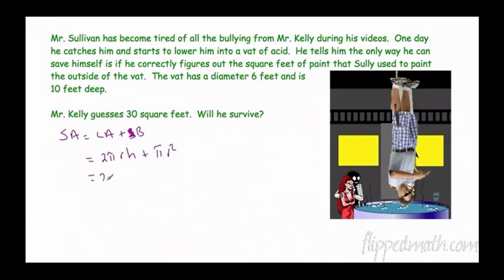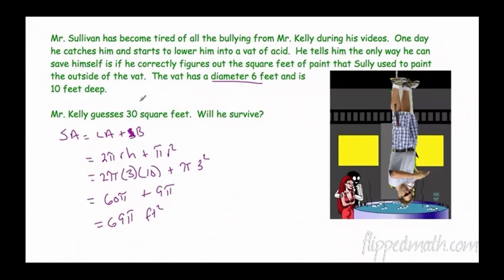Our radius, if the diameter is 6 feet, is 3. Our height is 10, plus radius squared, 3 squared is 9, right? So 2 times 3 times 10 is 60 pi plus 9 pi. So that's going to be 69 pi feet squared.